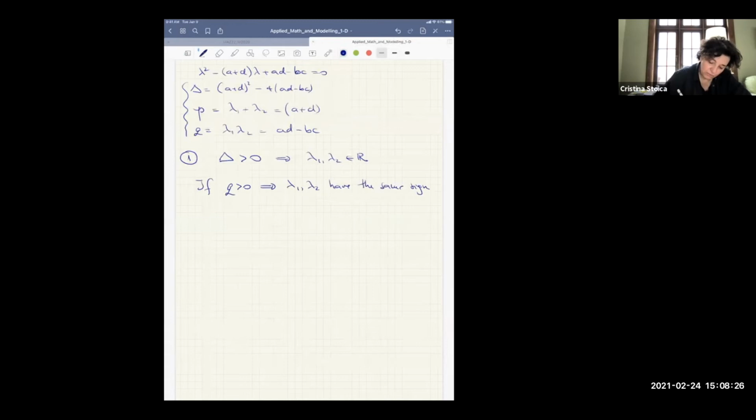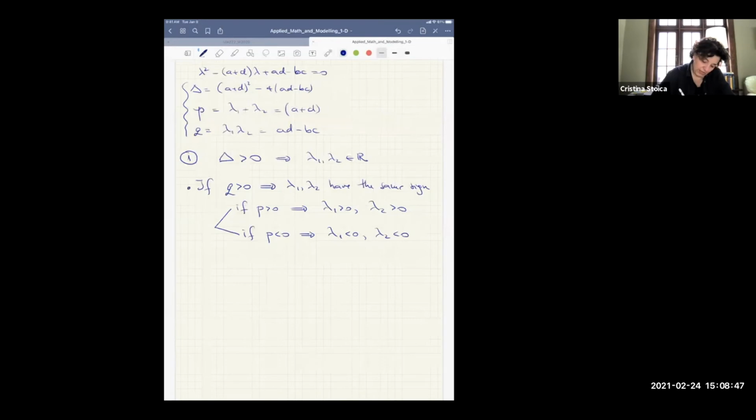But now if P is positive, then we deduce that lambda 1 is positive and lambda 2 must be positive. Whereas if P is negative, then we deduce that lambda 1 is negative and lambda 2 is negative because they have to have the same sign.